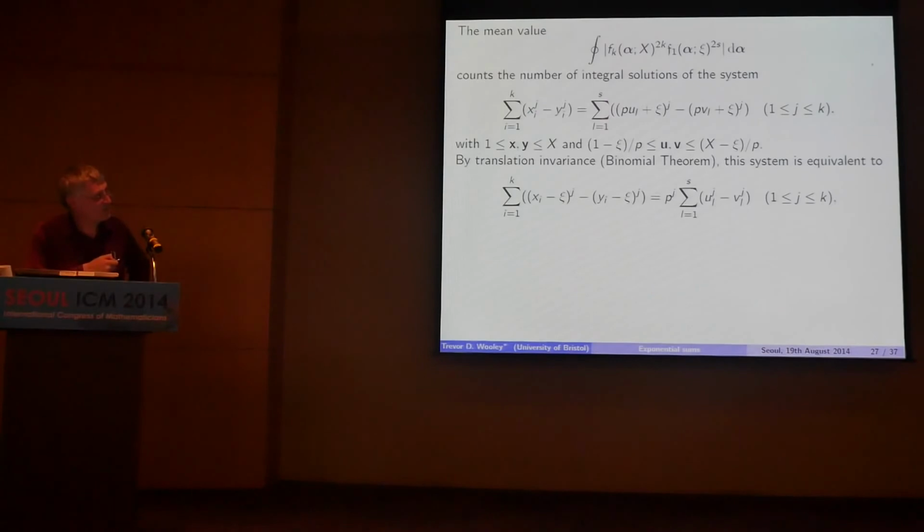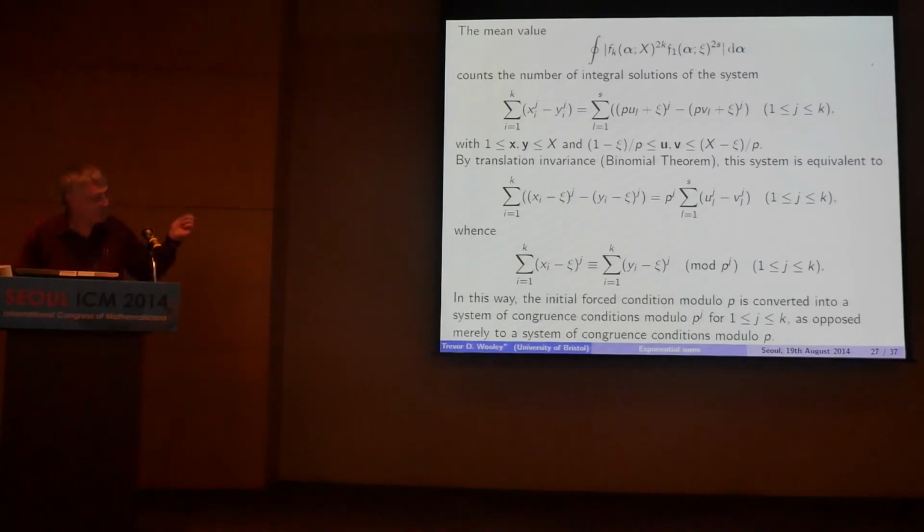So instead of having these arithmetic progressions, I now get pure powers coming out. And that means that in the original system of equations, there's a congruence condition on the variables. So this is the second important point: translation invariance leads to, well, we set things up so that we artificially created a congruence condition mod p.